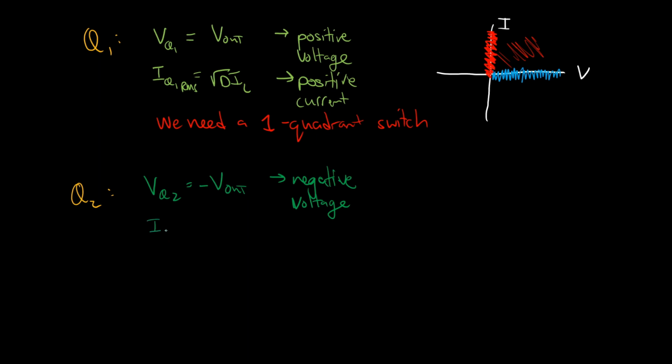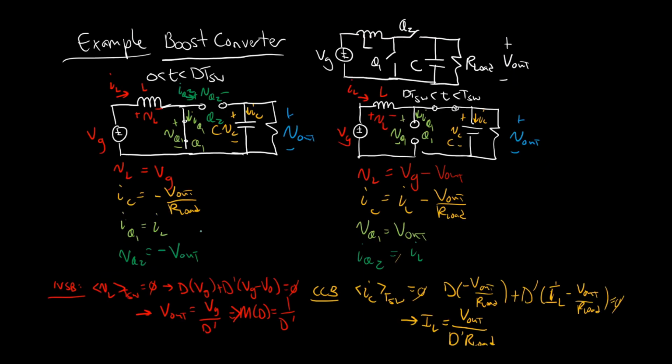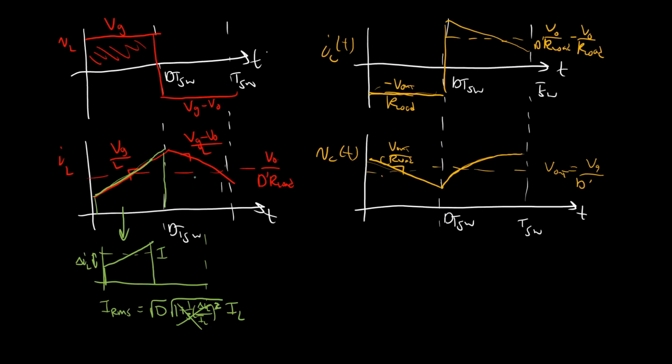And the current that it conducts, IQ2 RMS, is what? Well, in the interval when it's conducting, it conducts IL. So that means that Q2 conducts this portion of the current. Q1 conducts the first portion and Q2 conducts the second portion.